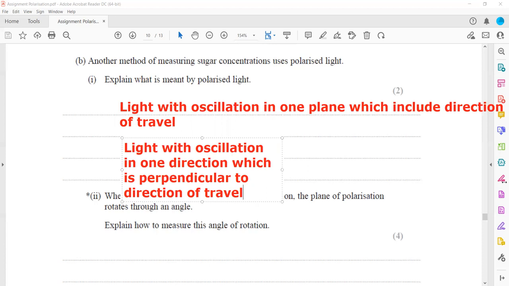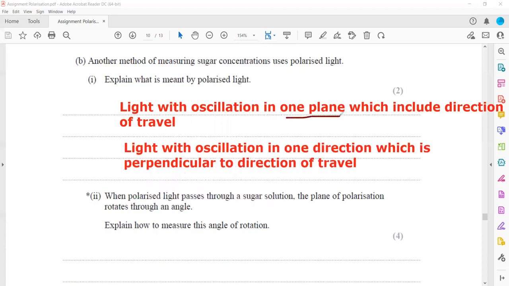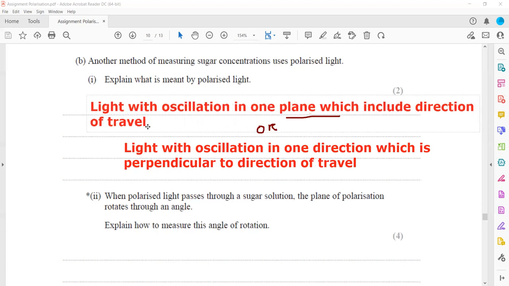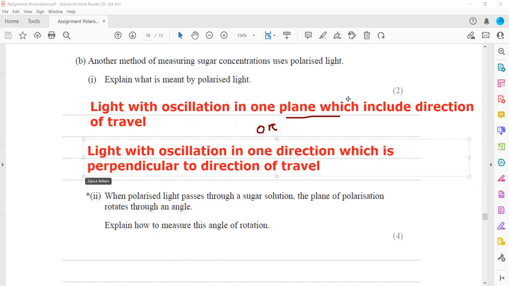So these are important points. You can define it both ways. If you use the term plane, then you should mention that the plane includes the direction of travel. But if you use the term oscillation in one direction, that oscillation is perpendicular to the direction of the wave. Any one of them you can write, but remember that when you're writing, you should be sure whether you use the term plane or the term direction.